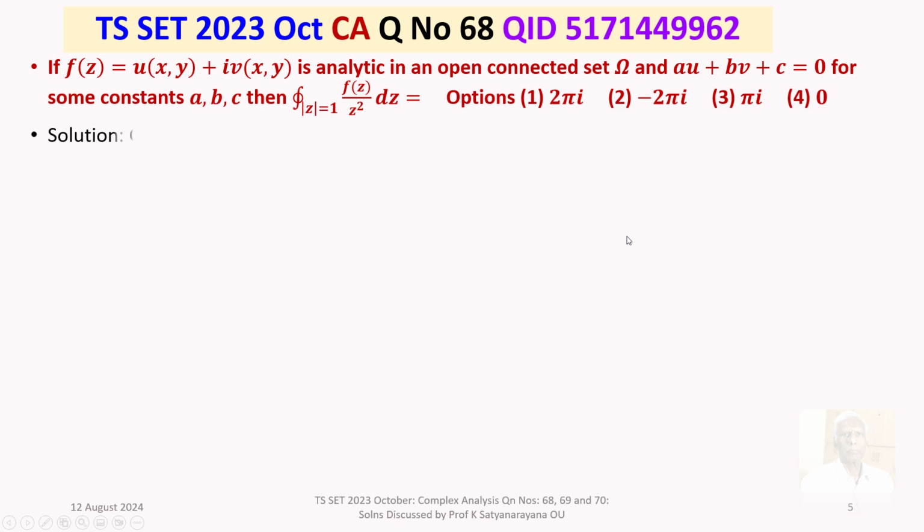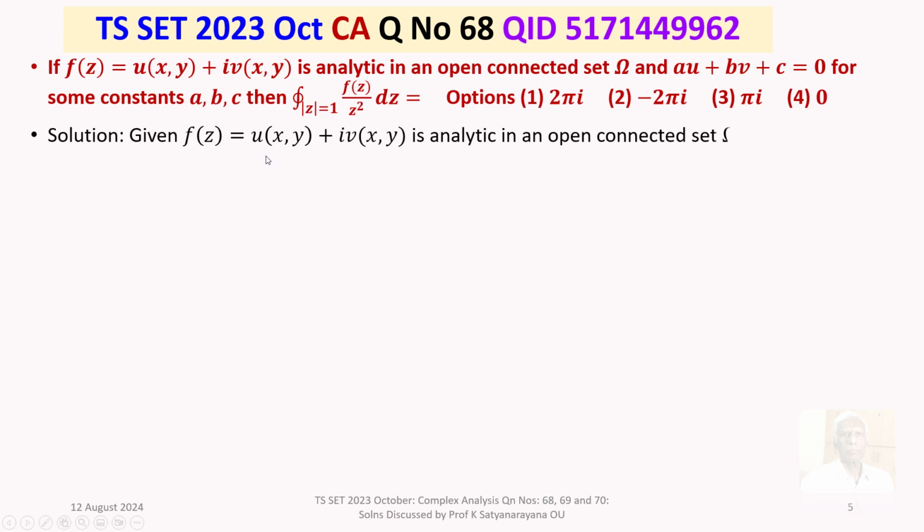We have f(z) = u(x,y) + iv(x,y), and it is given to be analytic in an open connected set omega.